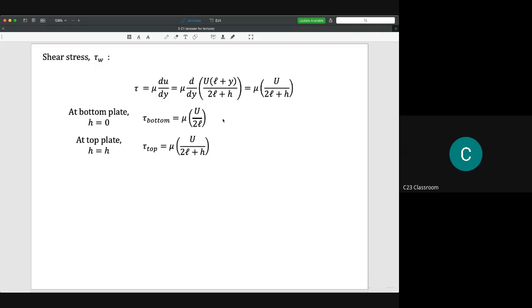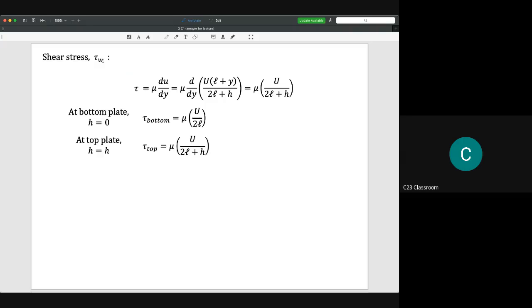And then we could calculate the shear stress by using the common shear stress equation, which is mu du/dy. So we could get the value of du/dy from this one. The shear stress here refers to the plate that moves at a certain velocity.